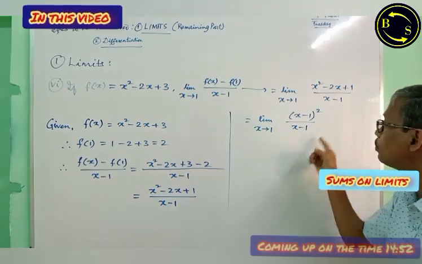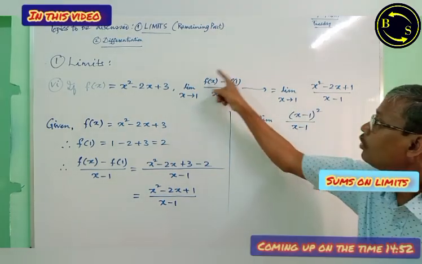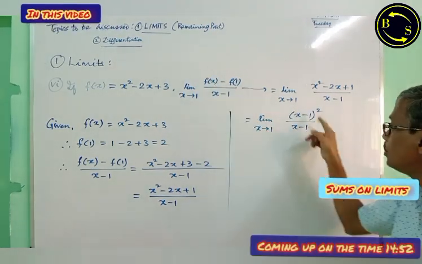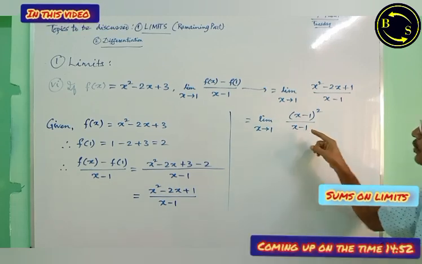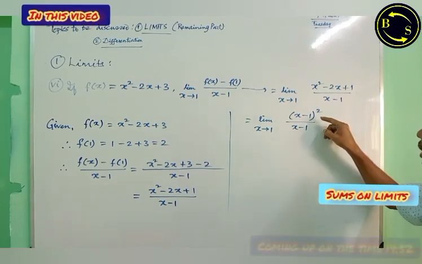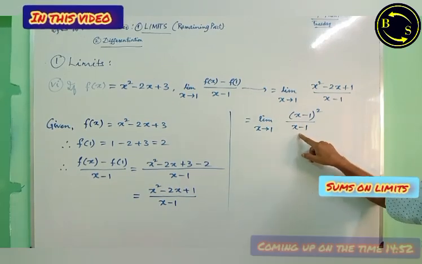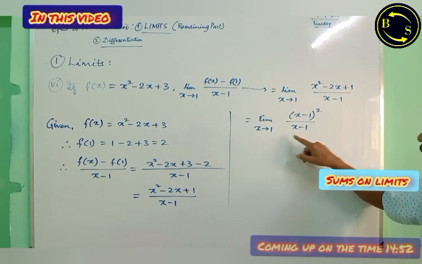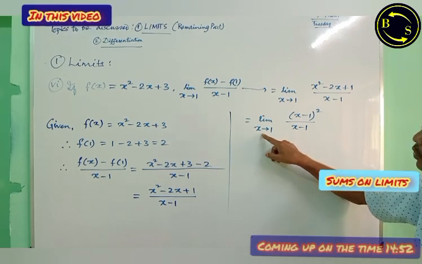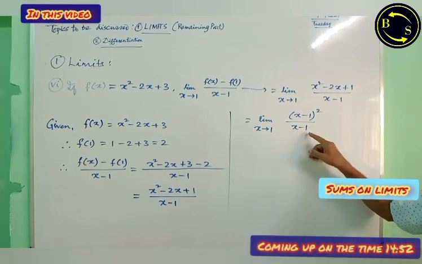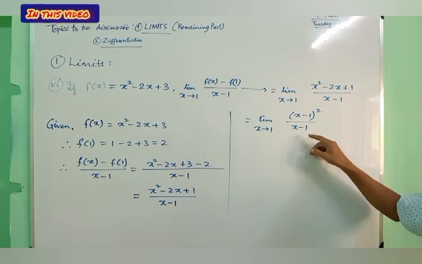Finally, we have got this one. Value of this expression is this one. Now, we see denominator is x minus 1. This is x tends to 1. Therefore, x minus 1 is not equal to 0.